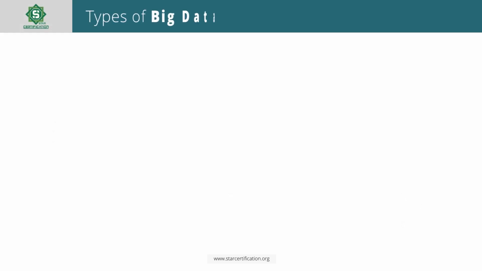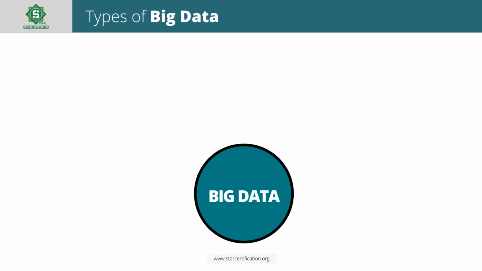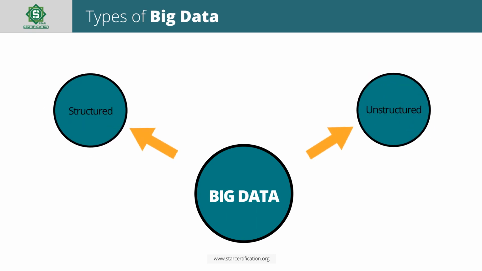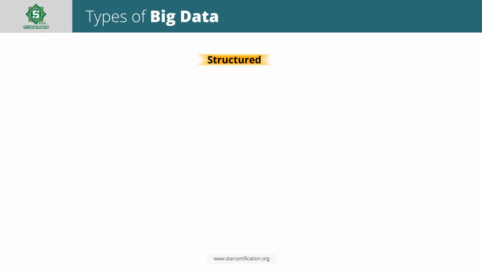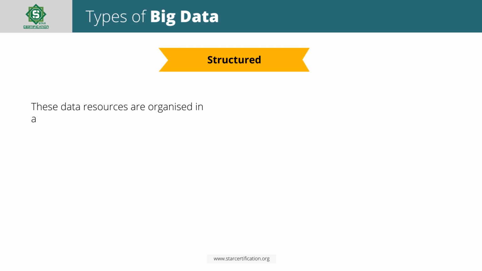Types of big data. Big data can also be defined as the collection of structured and unstructured data resources. Let us discuss these data resources briefly. Structured. These data resources are organized in accordance with specific formats.